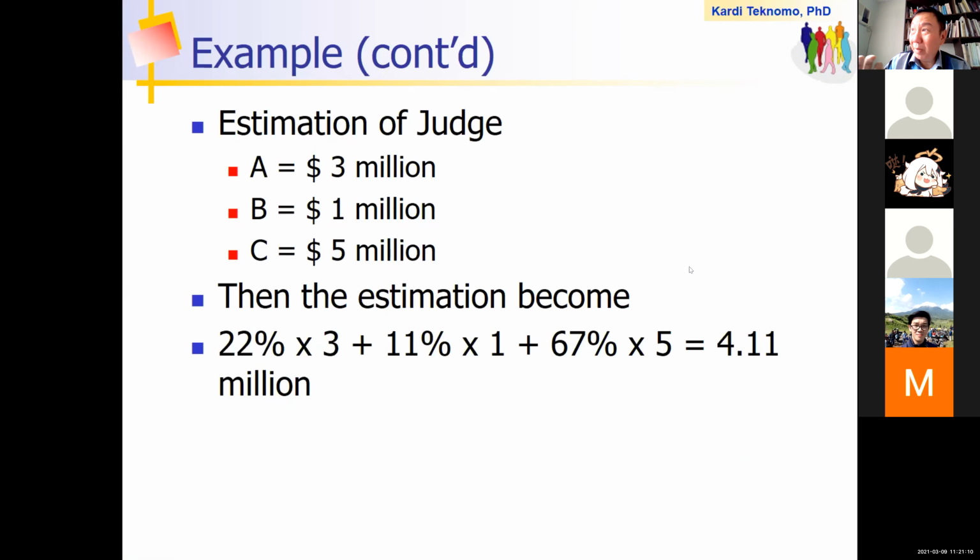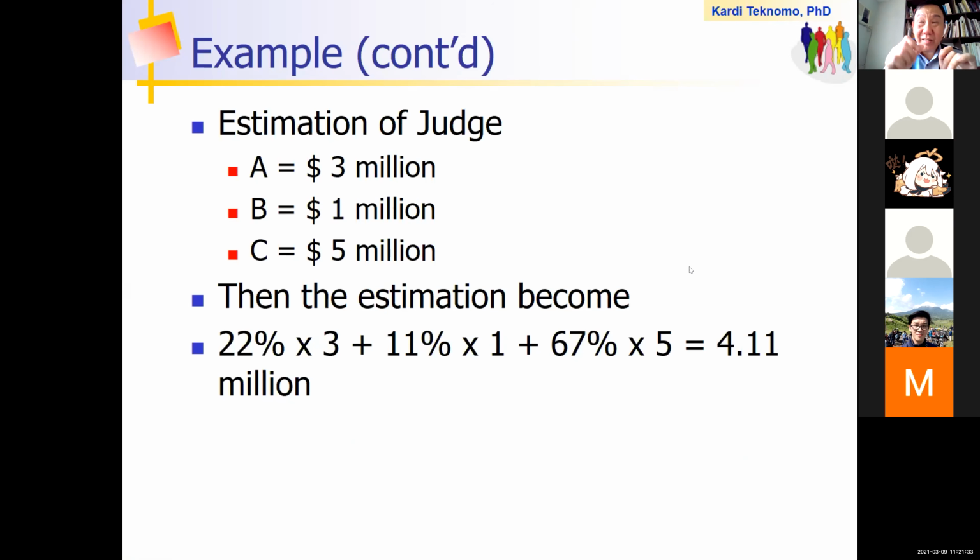Okay. Remember I told you last time, there are three possibilities to calculate probability. One is based on your theory, for example, theoretical probability. If you flip a coin, the theoretical probability of that coin is 50-50, correct?